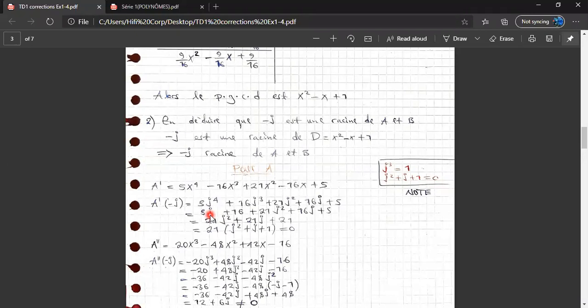The other one wanted to ask a question. On the first differentiation, it was 5x to the power 4. When you replace x with j, how did it become 3j to the power 4?